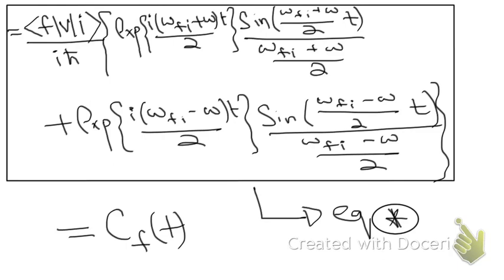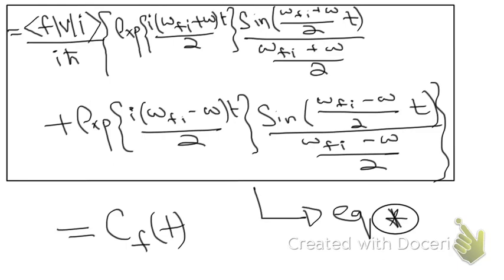Well, if these two terms are of a comparable size, and that will be true if the frequency is far from a resonance frequency, so it's not close to a resonance frequency.